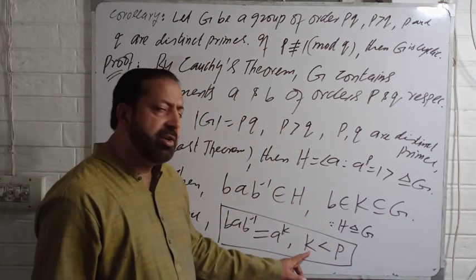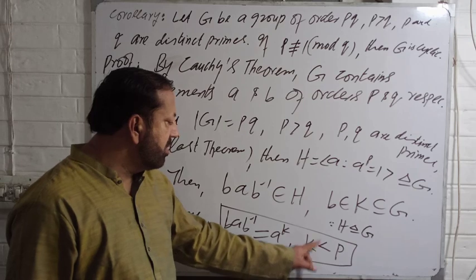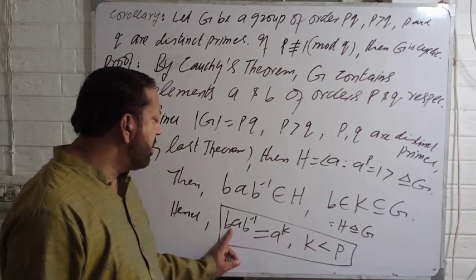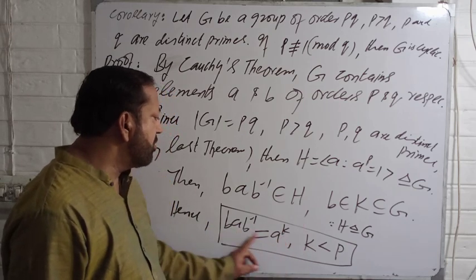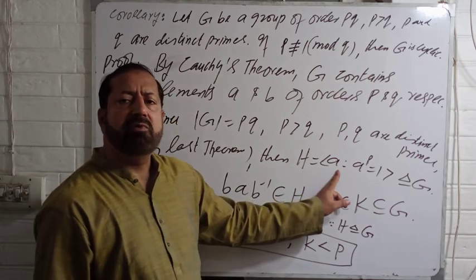So here we claim that K is greater than 0, because if K is equal to 0, then B A B inverse is equal to E, then A is equal to E, but A is the generator, which would be a contradiction.